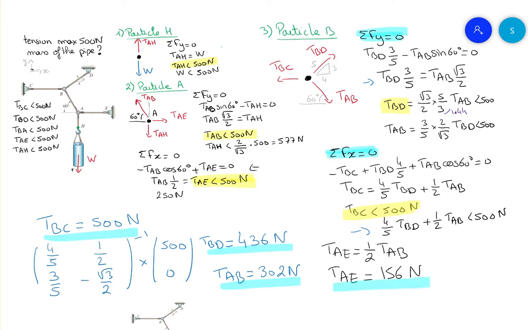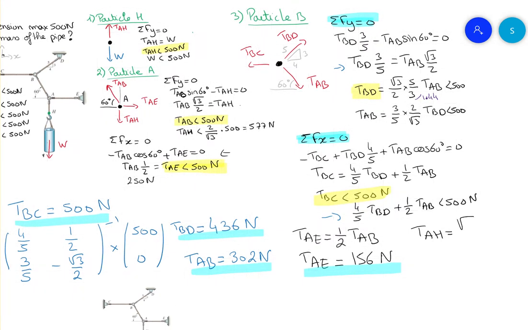And now let's come back to TAH, this one. So we have TAH equal to square root of 3 divided by 2 times TAB. And TAB equals 302, so we have square root of 3 times 302 divided by 2.